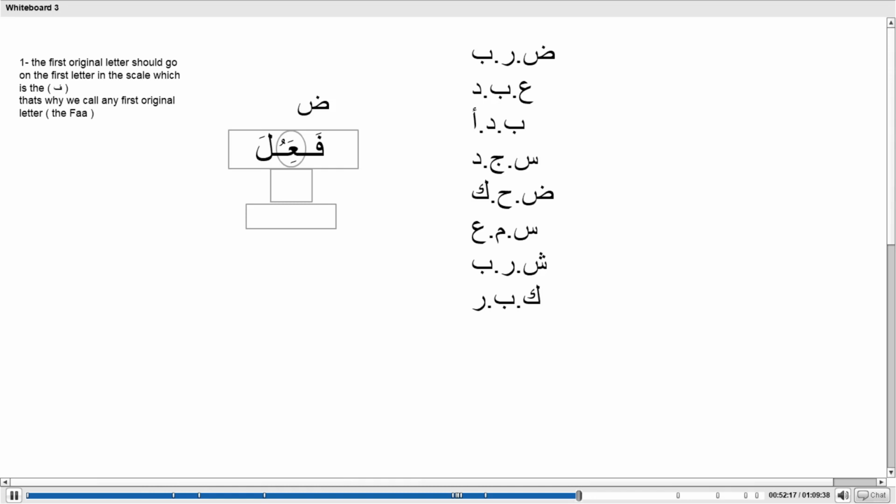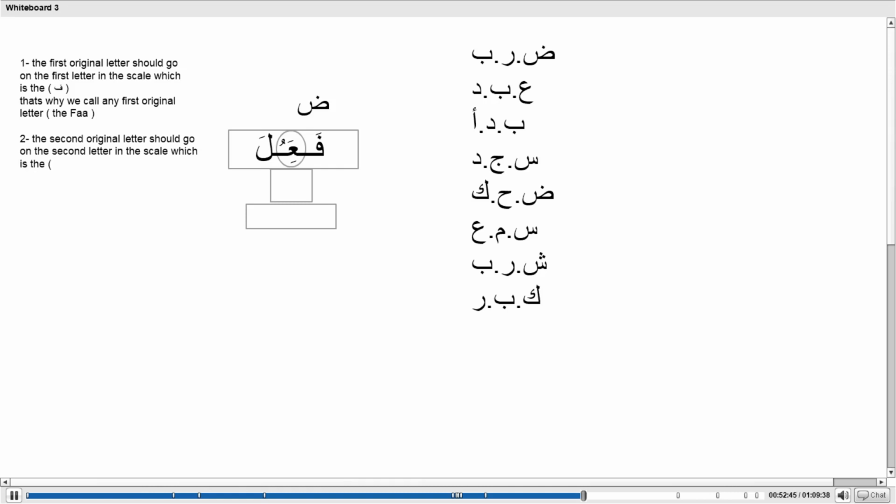Okay? Number two, the second original letter should go where? You can guess. Should go on the second letter in the scale, which is the what?